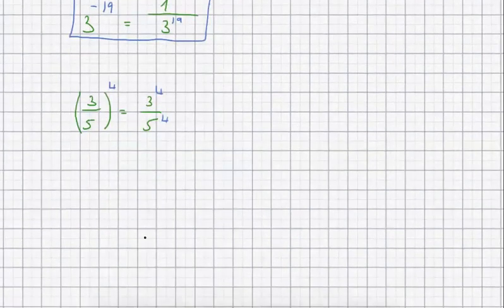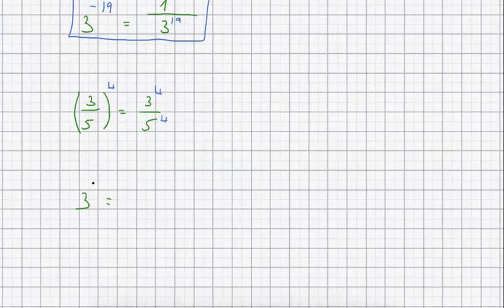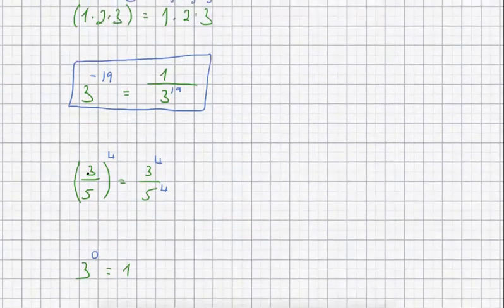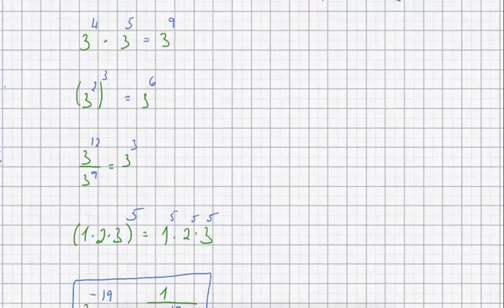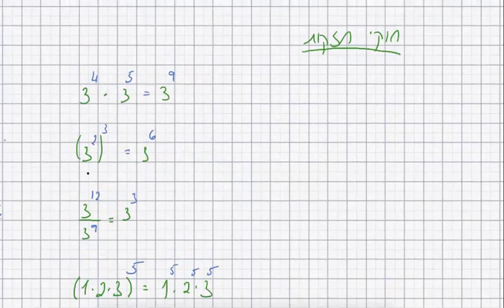And just to make sure, how much is 3 to the power of 0? 0, 1. 1. Everything to the power of 0 is 1. So these are the rules, and they have to be written down.